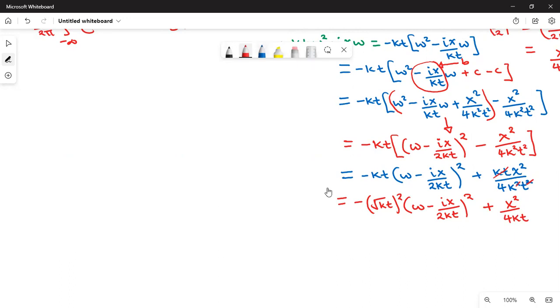So now you can take the root kt inside, because both of them are squares, so it just times root kt.